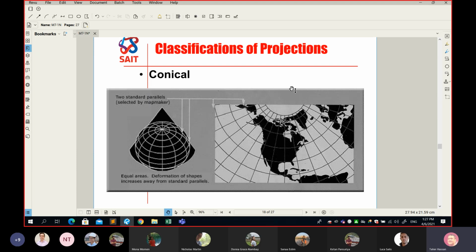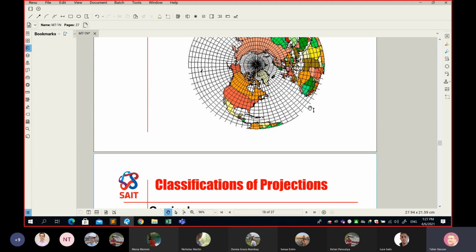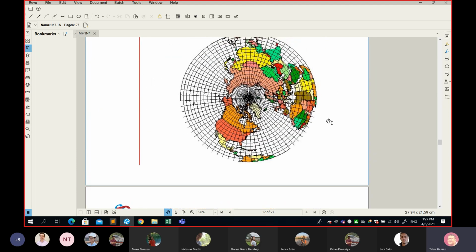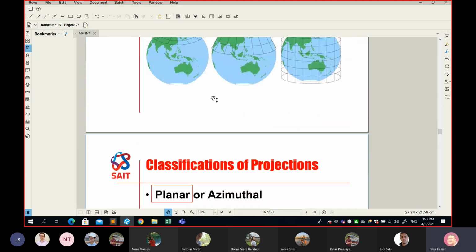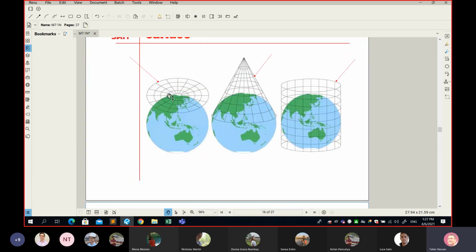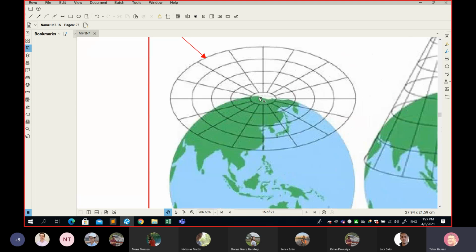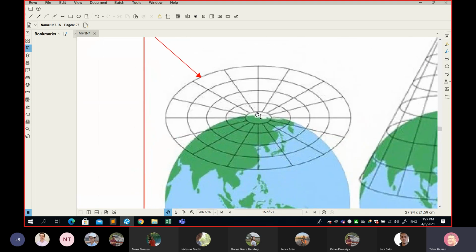Now I want to explore with you where we have zero distortion. Very important. Whenever you have a planar projection, I'm going to zoom in: where do we have zero distortion, where k is equal to 1 in this grid? I'm going to point, and please tell me yes or no. Does this point here have zero distortion?